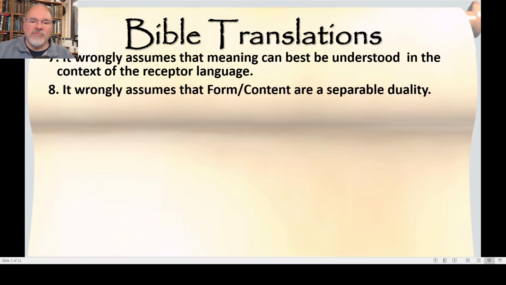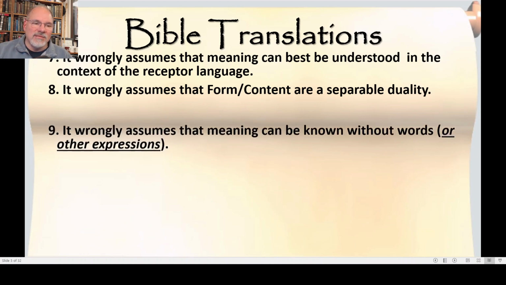It wrongly assumes that form and content are a separate duality. They're not. The form and the content, the message, in other words, how the sentence is structured, of course, directly contributes to the message, because that's how you're understanding the message. You can't just separate them apart as though they're two different things.